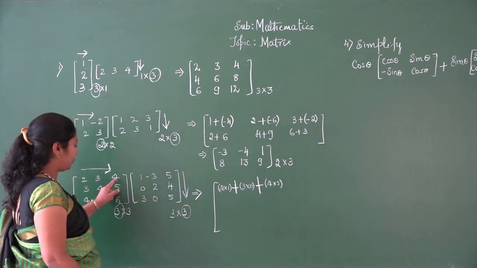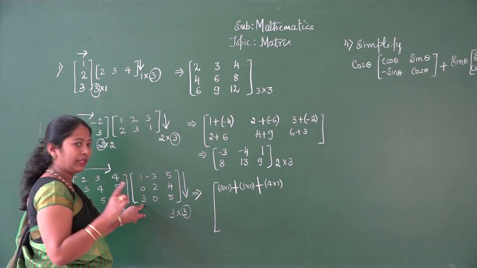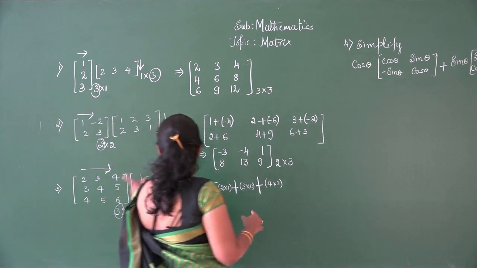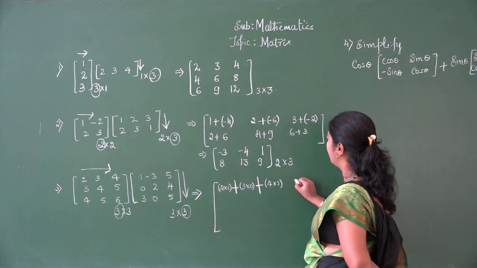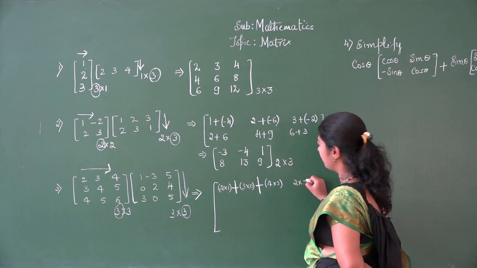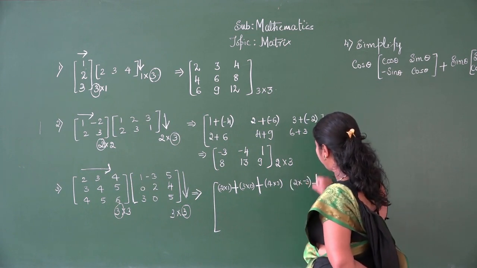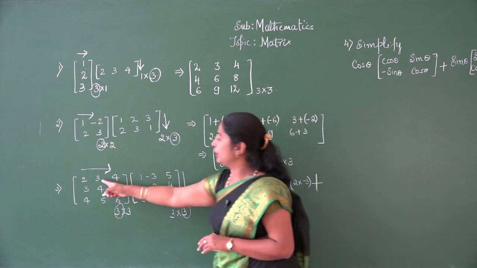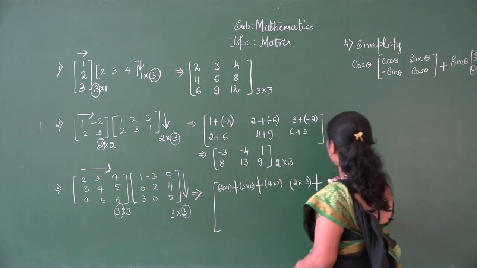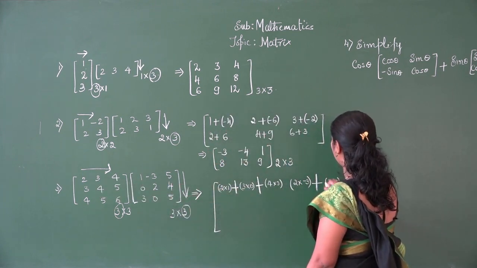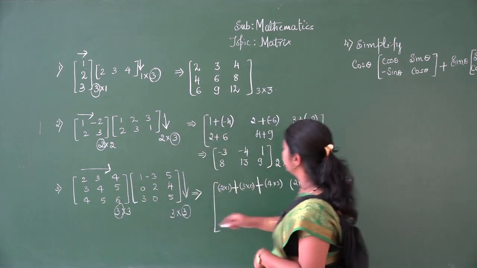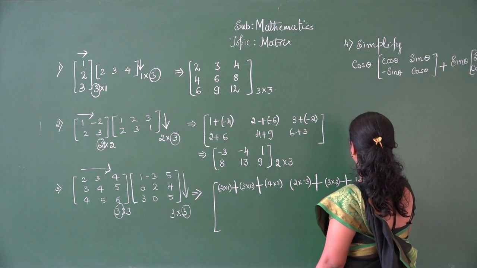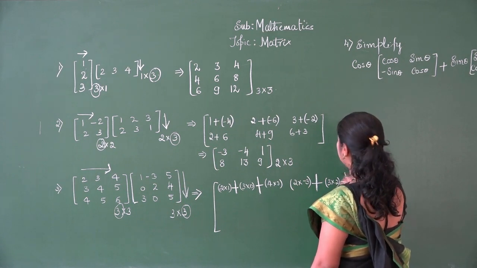Started off with the first row, we just finished with the first column only. Then moving on, we'll start off with the first row and finish off with the second column. This can be written as what? 2 into minus 3 plus, which is the corresponding element of 3 now, 3 into 2, plus the corresponding element of 4 is 0, which can be written as 4 into 0.